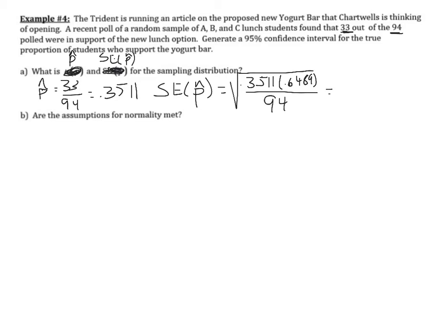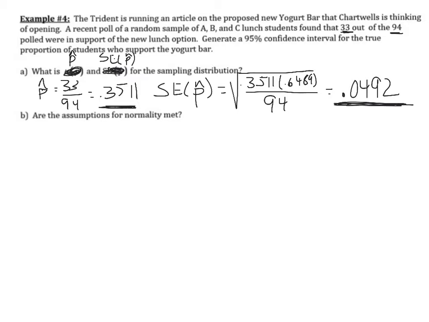Rounding that to 4 decimal places, you should get 0.0492. So again, our best guess estimate, 35.11%, with an error measurement, our standard error, of about 4.92%. So there is some variation that we expect in our sample. So that's part 1, generating the values that you're going to be using.